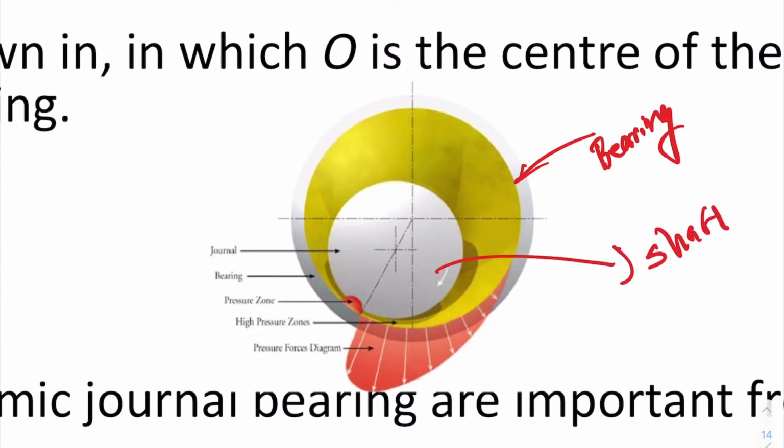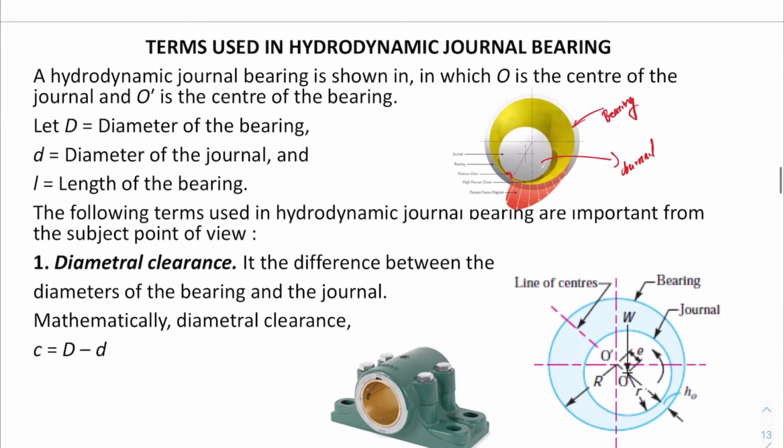The name of the shaft inside that cavity is what we call the journal. When I refer to the journal, I mean the portion of the shaft within the cavity. So the journal is nothing but the shaft within the bearing. That's all. So in a journal bearing, we have these two components, and let's go through the important design parameters.